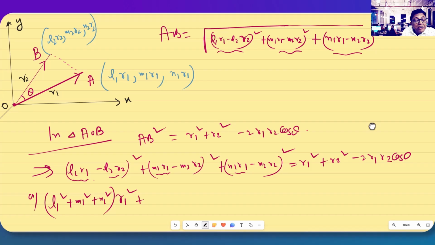Similarly, for this one, you take R2 square common. Clear?